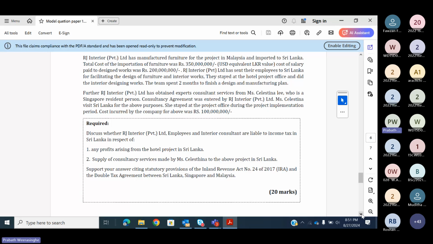If I simply say, she is a resident person for Sri Lanka tax, with 12 months she is staying here, right? So then the total income she has to consider. This is trade, business, profession income, a professional income.